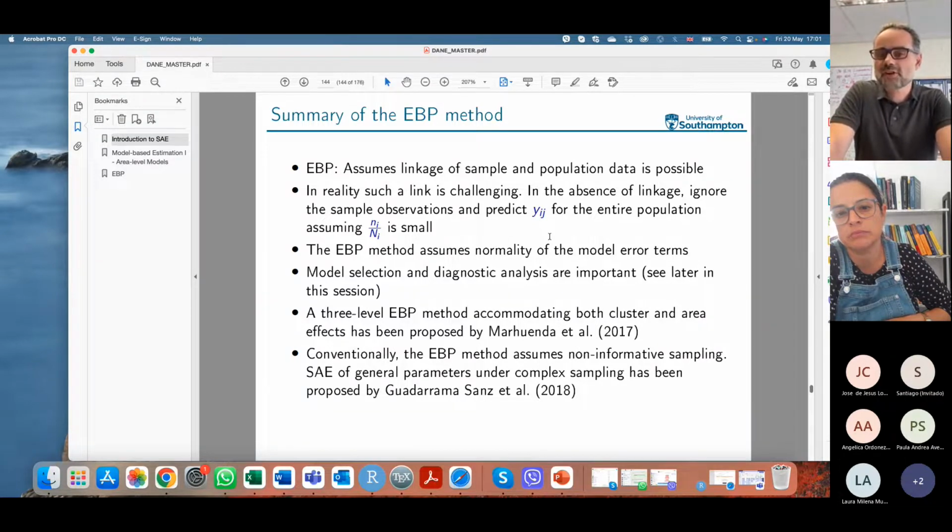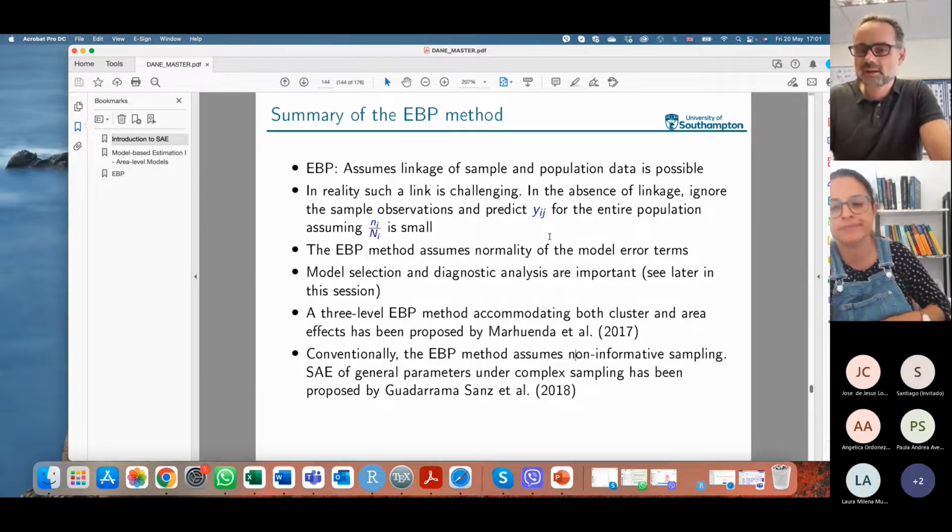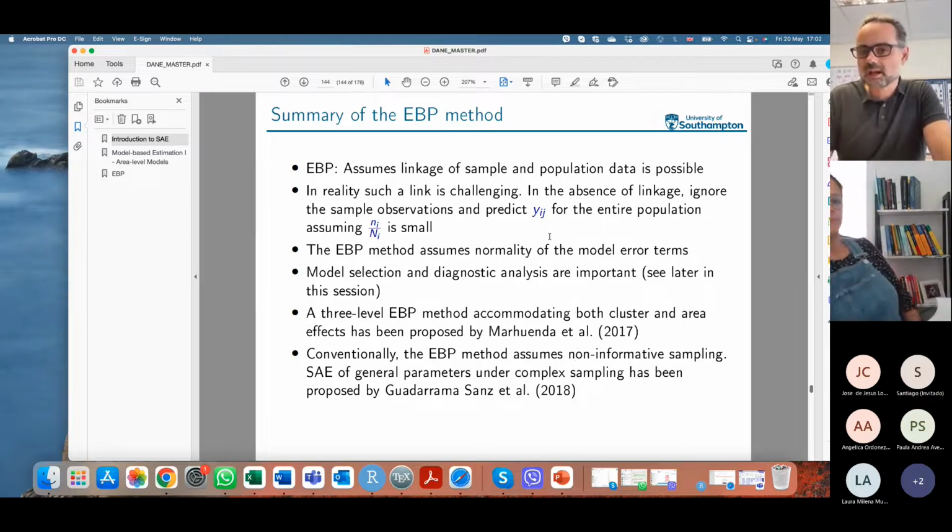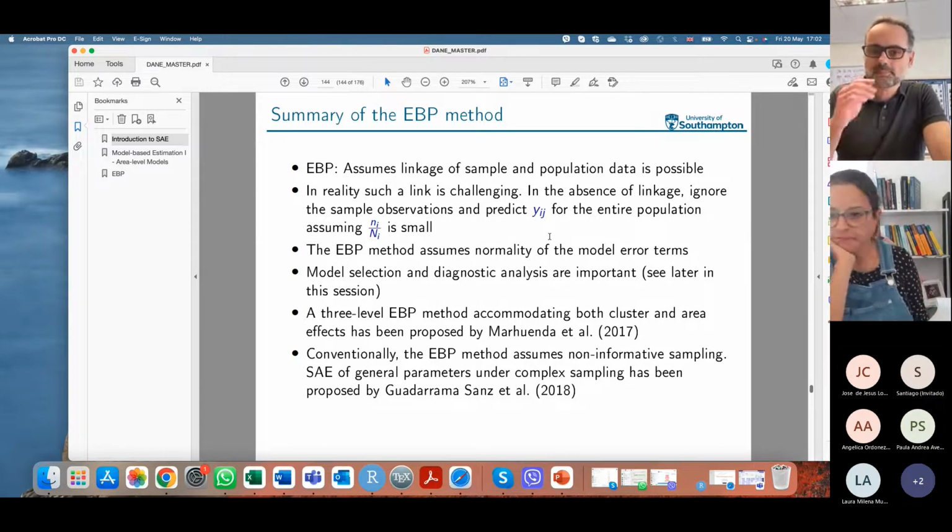A 3-level extension of the EBP may also include cluster effects, because that was a point that many users of the ELL were bringing up in various discussions. So a 3-level EBP method has been developed in a paper in 2017 that can accommodate cluster and area effects.